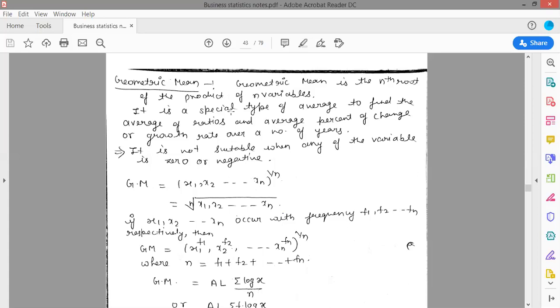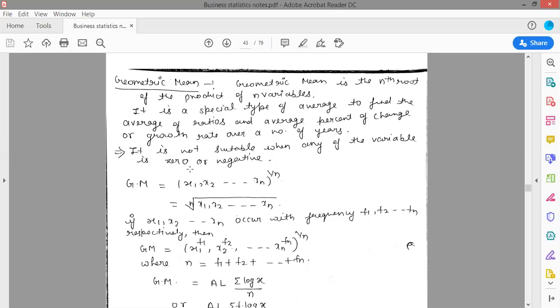And the definition is: geometric mean is the nth root of the product of n variables. It is a special type of average to find the average of ratios and average percent of change or growth rate over a number of years. So basically this is the nth root of the product of n variables.